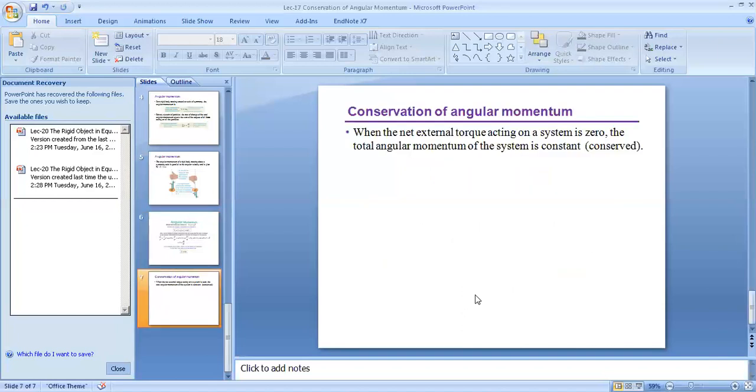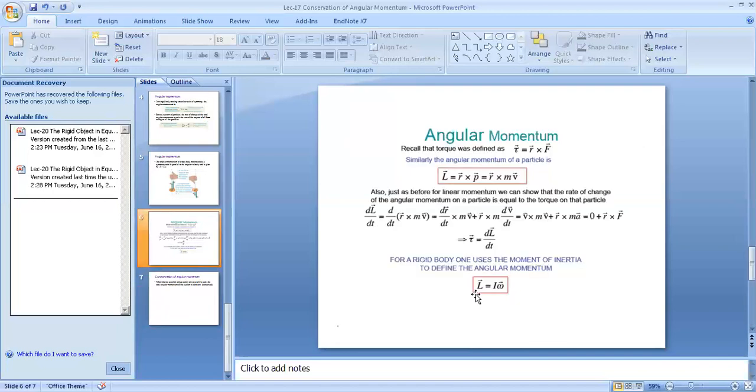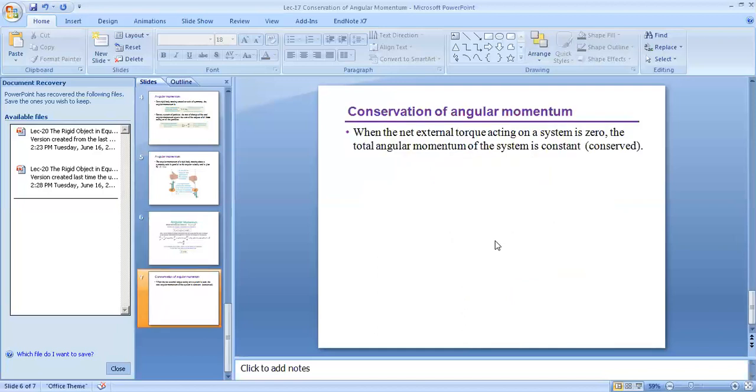Now, seeing this equation for a rigid object, we can claim that whenever the net torque acting on a rigid object becomes zero, then the angular momentum of that rigid object becomes conserved. This is the conservation concept of angular momentum. Concept of conservation of angular momentum. Thanks.